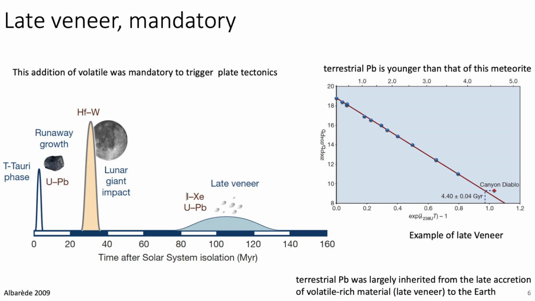You have here some ages that are reported as a function of, so that's related to the half time of the decay of the uranium 238. And to be quick, what this line shows compared, so that's the Earth line, compared to one of the oldest meteorites, that is the Canyon Diablo one.